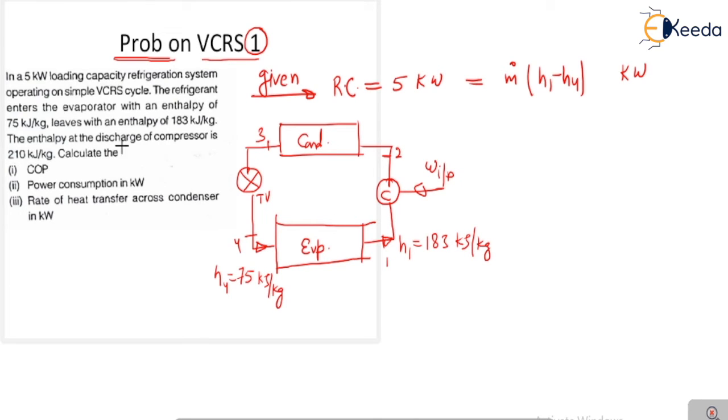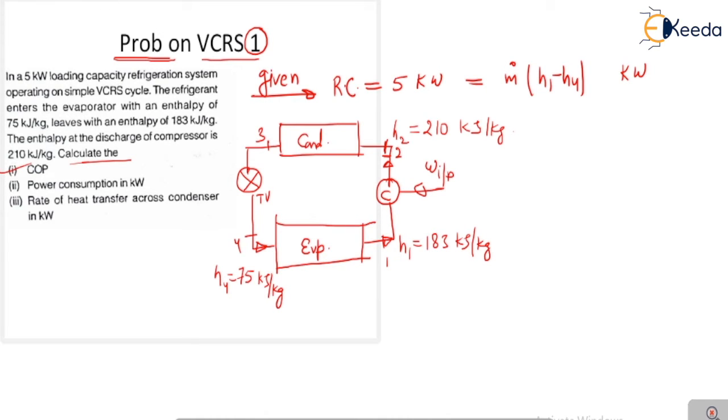Okay, the enthalpy at the discharge of the compressor, that means S2 is equal to 210 kilojoule per kg. Okay, my dear friends, so calculate the COP value.